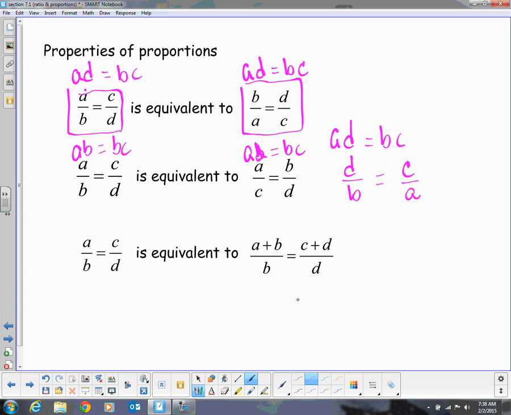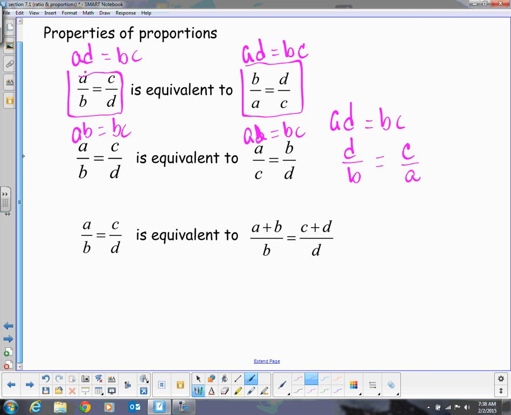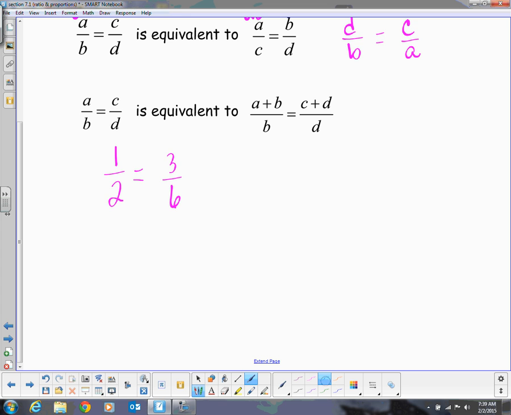Now this one really makes me nervous, because normally you can't just indiscriminately add. So what this is saying is if you have A over B equals C over D, and you add the denominators to the numerators, it is still equal. Is 1/2 equal to 3/6? True or false? Okay, test it out. What they're saying is I can take this denominator 2 and add it to my 1.